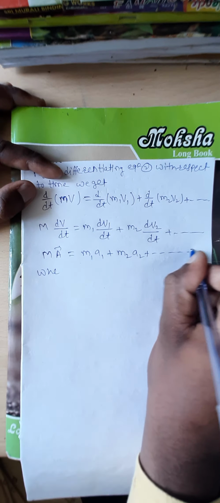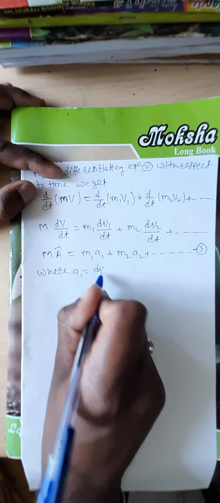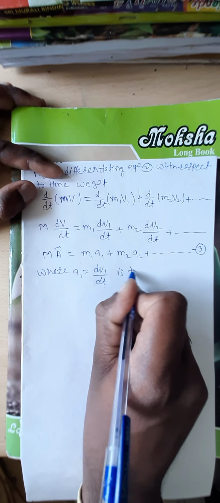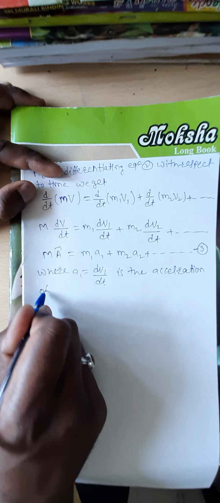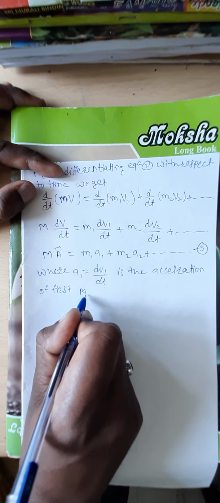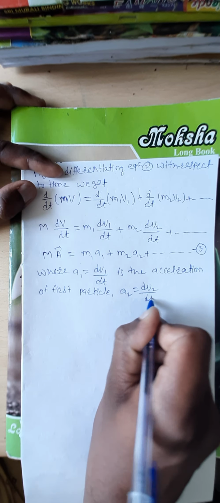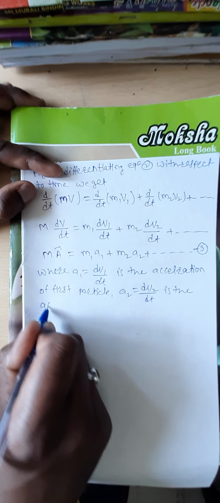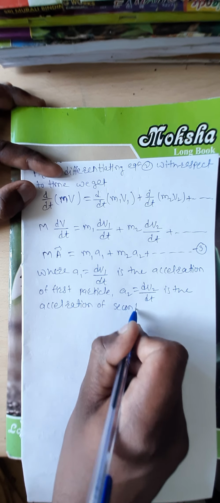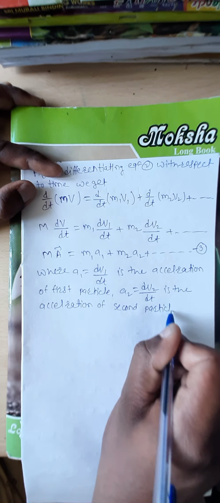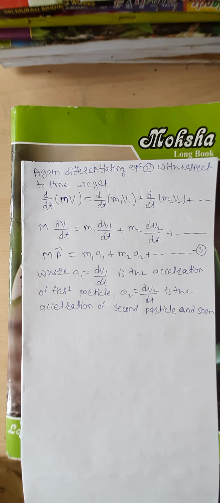Where this is equation number 3, where a1 is dv1 by dt, the acceleration of the first particle, a2 is equal to dv2 by dt, the acceleration of the second particle, and so on, that is the acceleration of the third particle and so on.